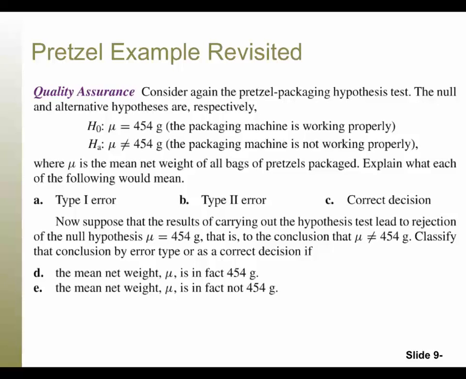So explain what each of the following would mean in this context. The whole point is not that we regurgitate what was on the previous page, but now we apply it to this example, so let's put that in this context.